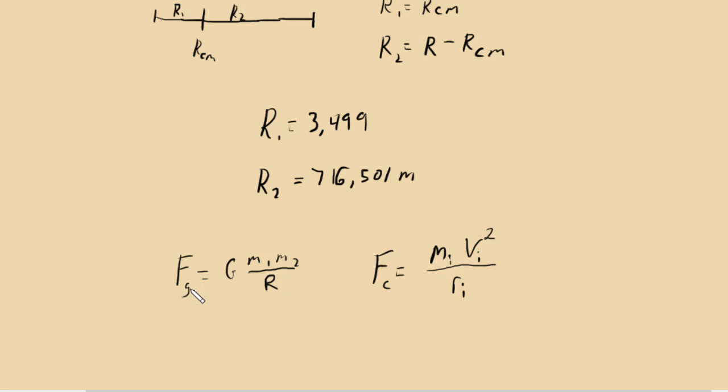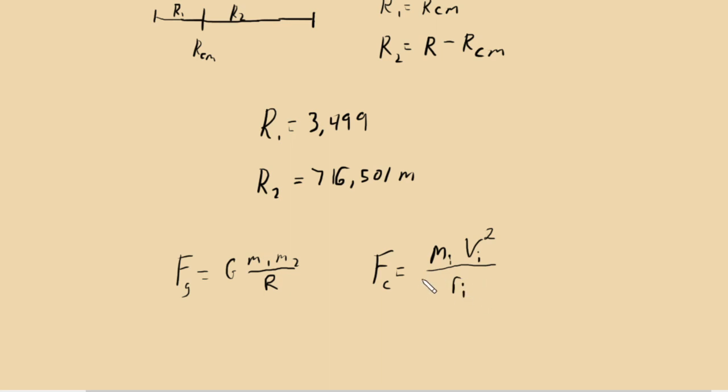So when we're thinking about the force of gravity, it's just going to be our big R, right? Because it's the total separation distance of those two masses, between mass 1 and mass 2. But when we think of our centripetal force, we have the mass of whichever planet or object we're interested in multiplied by the velocity of that object squared and then divided by the radius, that's its radius from the center of mass.